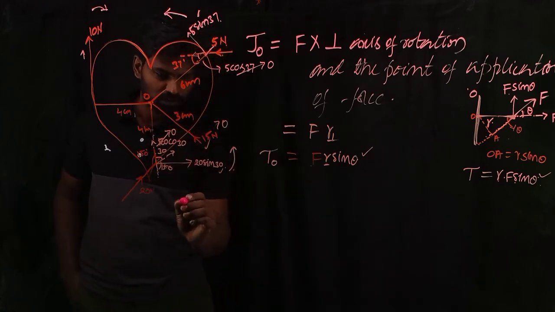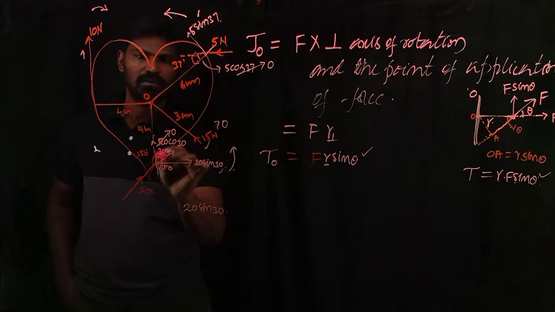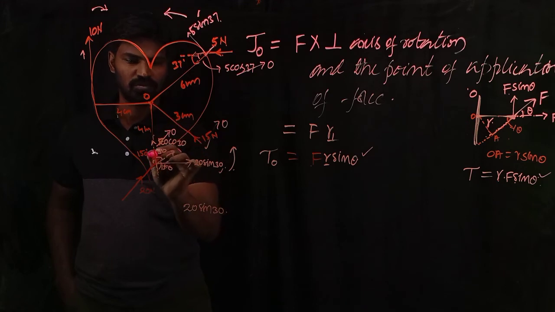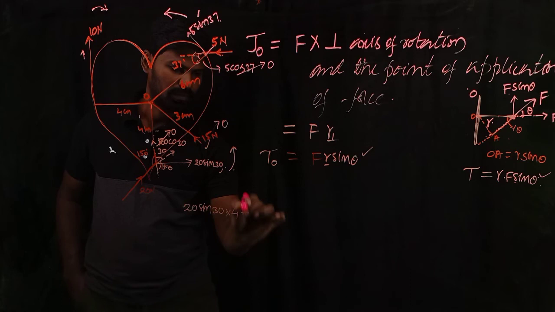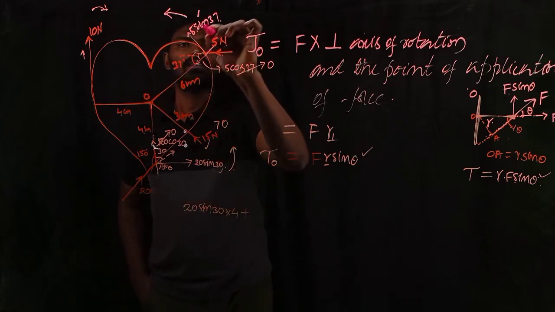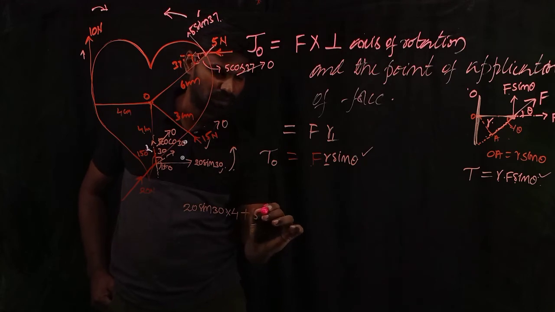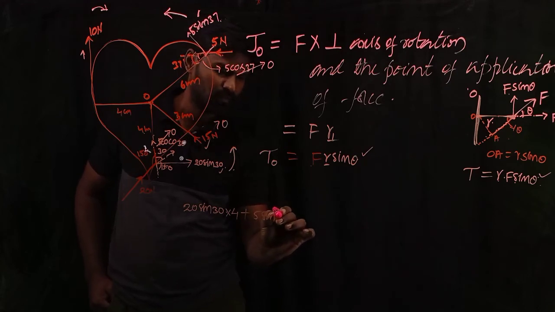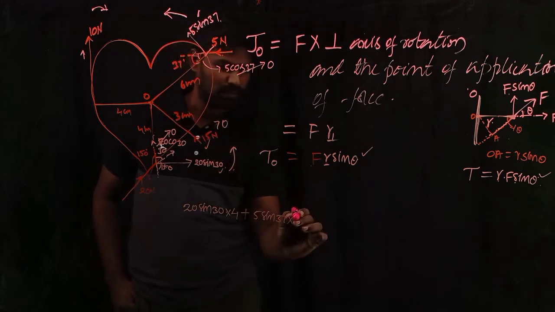So the torque due to the 20 Newton force is how much? 20 sine 30 into, what is the distance between the axis of rotation and this force? That is 4 meter, so into 4, plus next this one, 5 sine 37. This distance is 6 centimeter, so 5 sine 37 into 6 centimeters.